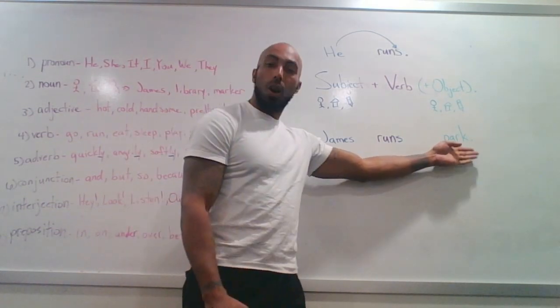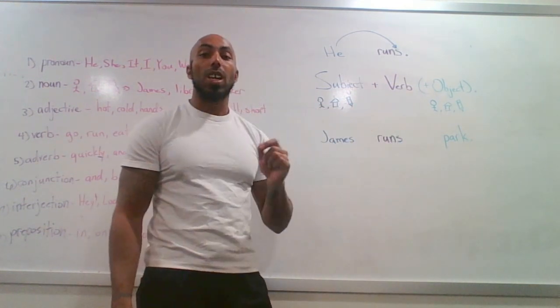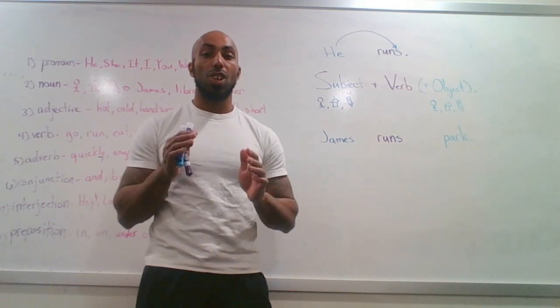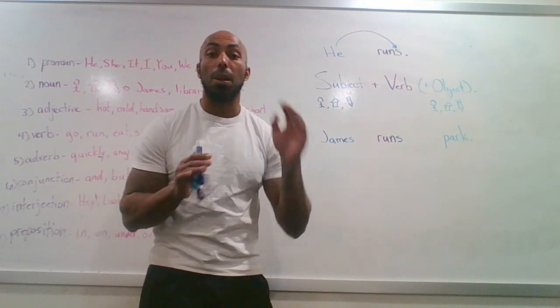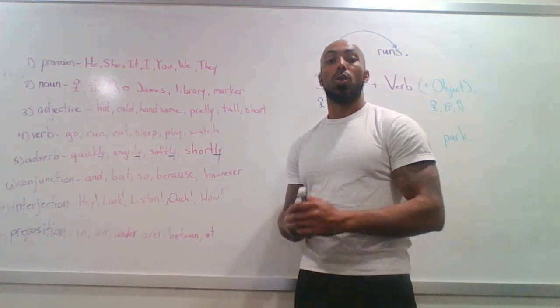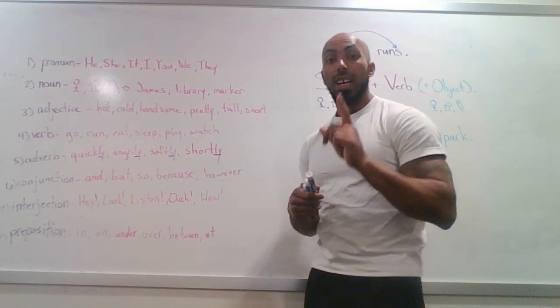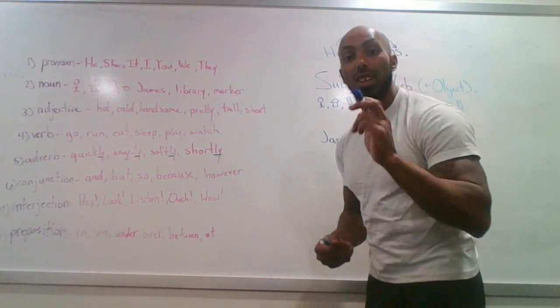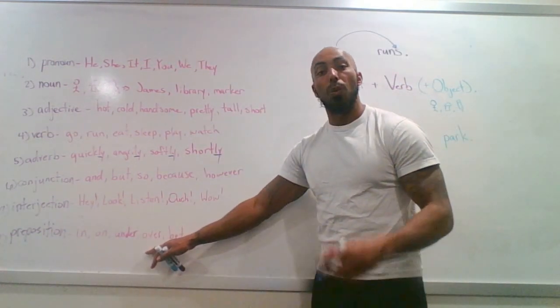Okay, that's the park. So anytime you talk about a place in English and someone doing something in a place, you need to have one of these parts of speech. Do you know which one it is? It's the preposition.